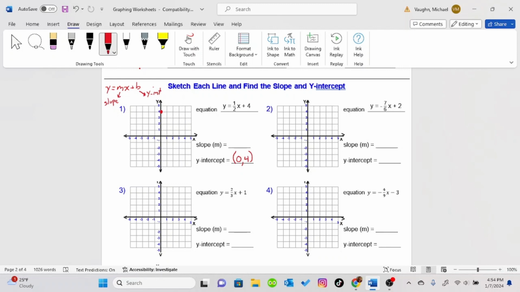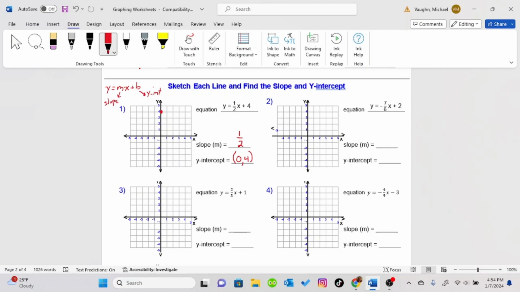Now we need the slope. The slope is always the number in front of the x. So in this case, our slope is 1/2. What that tells us to do is to start at the point for our y-intercept. And remember, your slope is the change in y over the change in x.